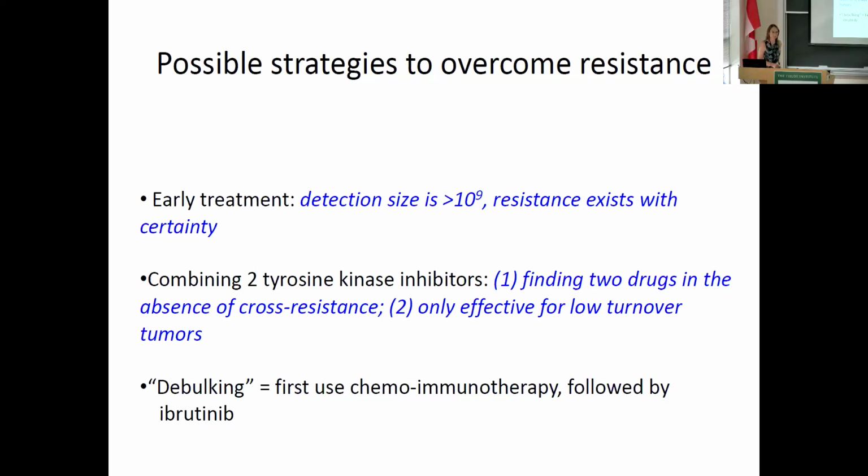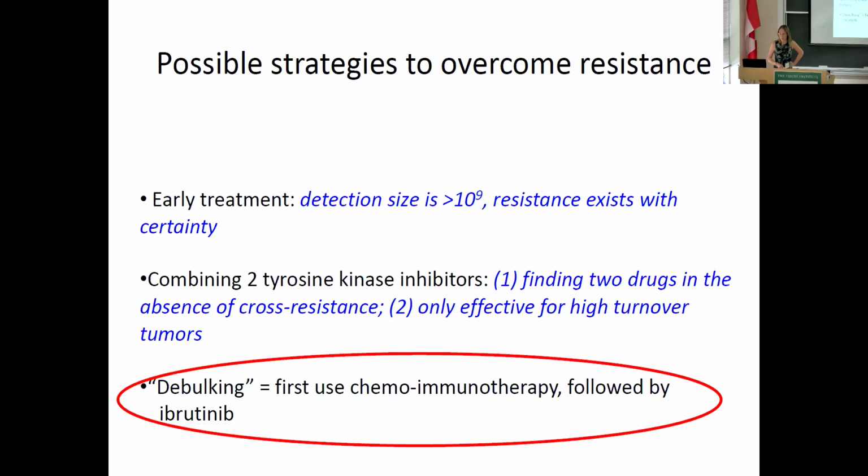And as I already explained, they're more effective for low turnover tumors, which is not necessarily the case. Debulking is a strategy that we found the most hopeful here. So we first use immunotherapy, decrease the number of cells, and then start ibrutinib. And let's see what happens.